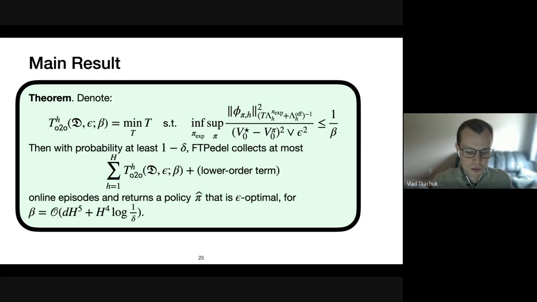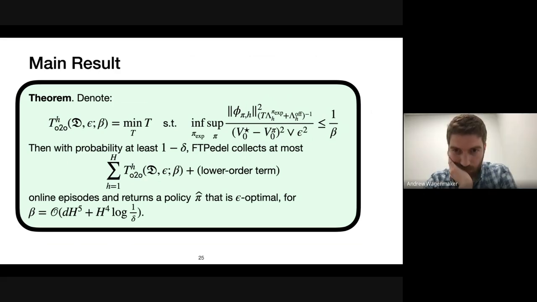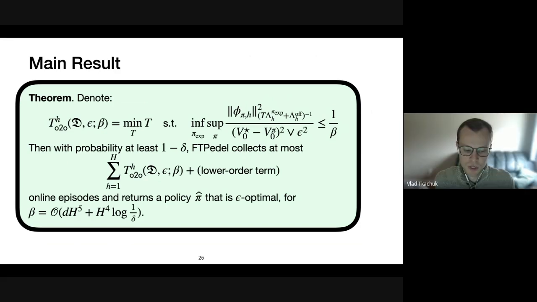I have another slight follow-up question. You're saying that for all data sets D, this calligraphic D, this thing is bounded by 1 over beta. And the thing you wrote there with the beta being this big O of D, is that supposed to be 1 over beta equal to this?